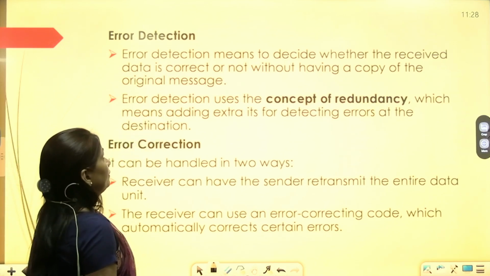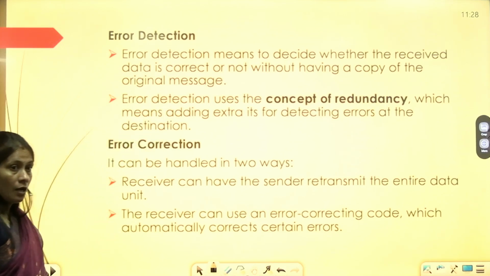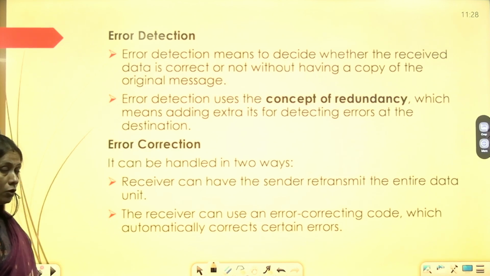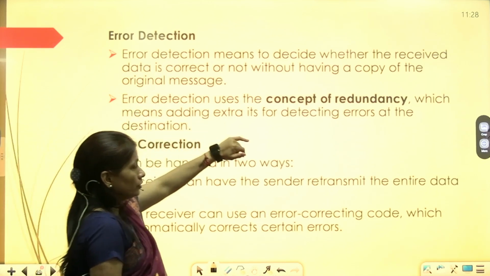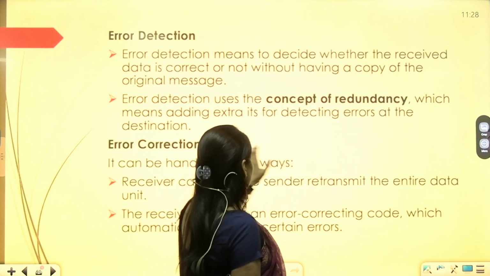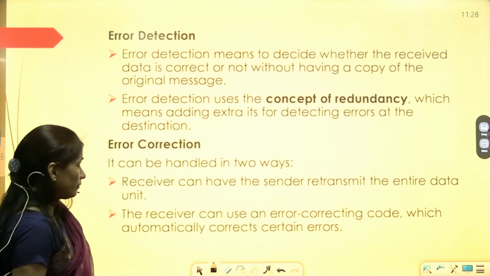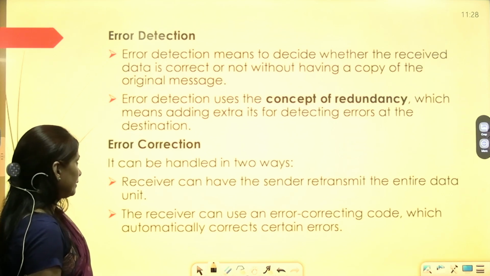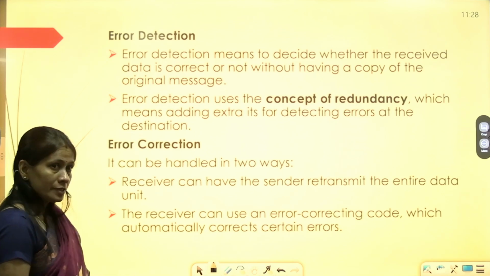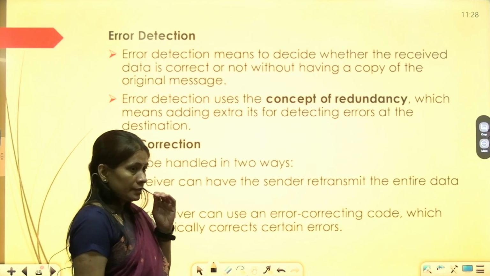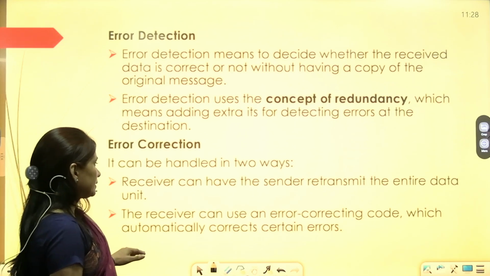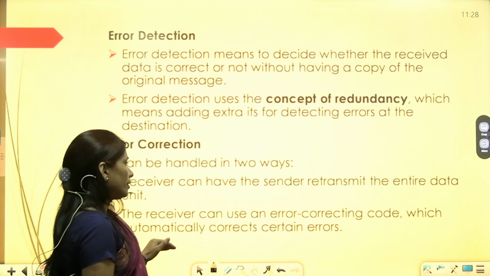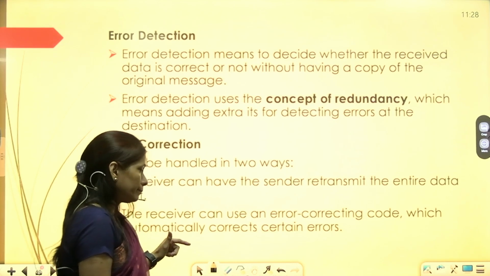Error detection. Error detection means how to find the error but not correct the error. Error detection uses the concept of data redundancy, which means adding extra bits for detecting errors at the destination. When we send the data, on the sender side you add some redundant bits using parity bits.